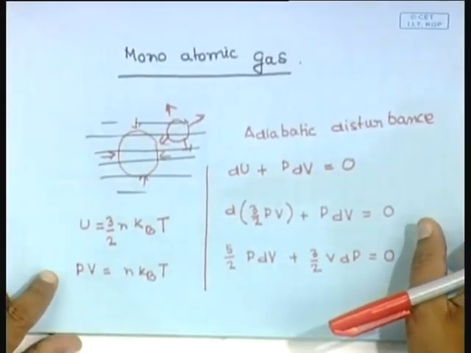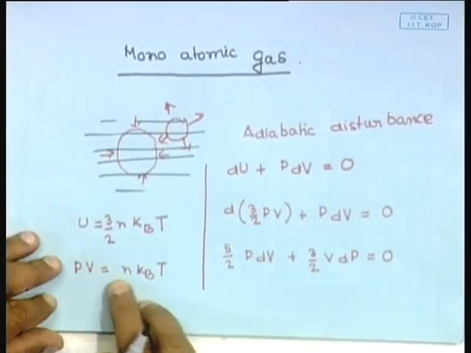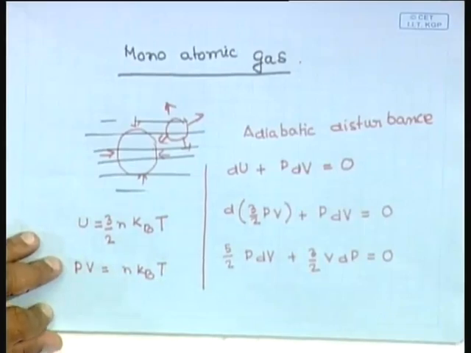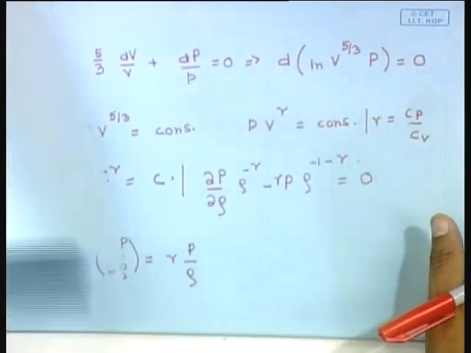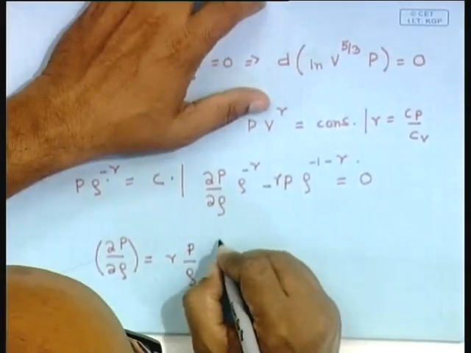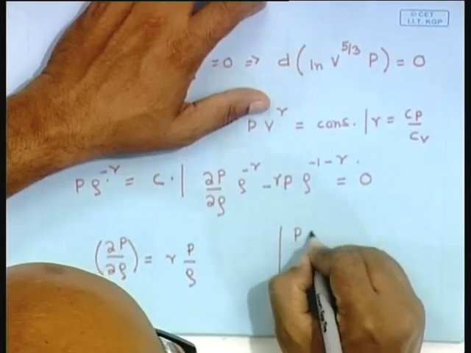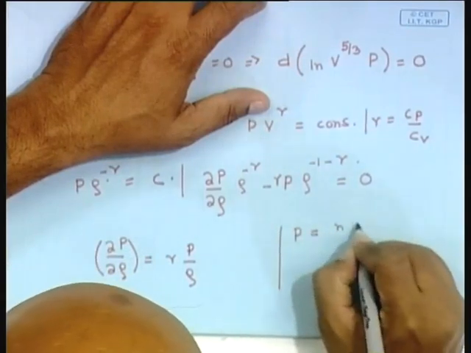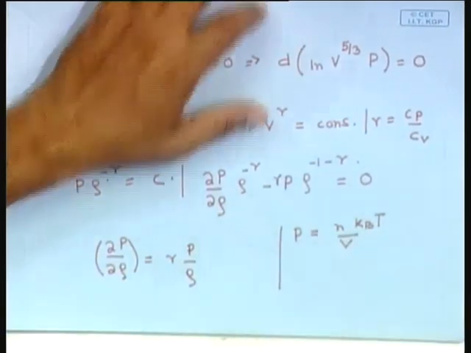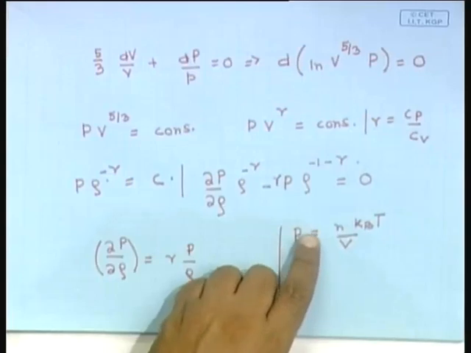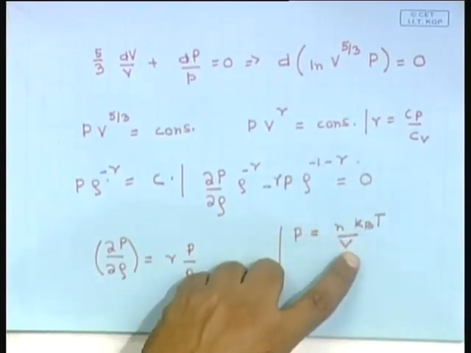For this monoatomic gas, we know that PV is equal to N k_B T. Let me just do it explicitly. For a monoatomic gas, P is equal to N k_B T/V, and N times the mass of each atom divided by V is the density.